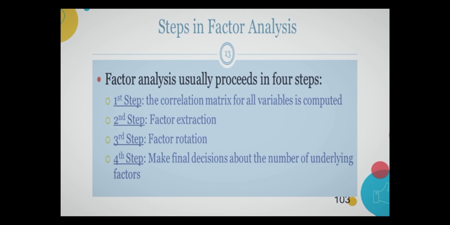Okay, from the rotated component matrix, we can see which variables belong to which component, and from that you can name the new components or the new factors, with a unique name. That is the 4 steps in doing the factor analysis.